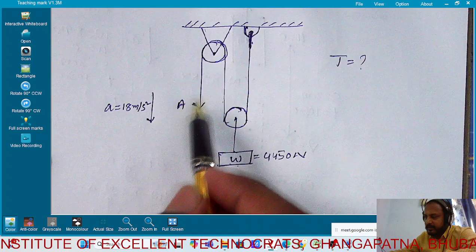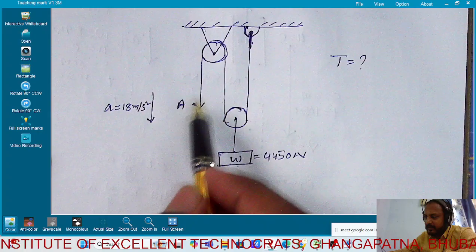So as the string is totally the same, in a string which force will be there? Tensile force will be there. Now as the string is the same, all these forces are tensile forces.